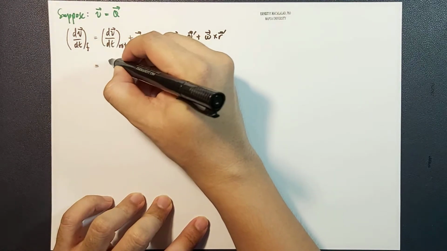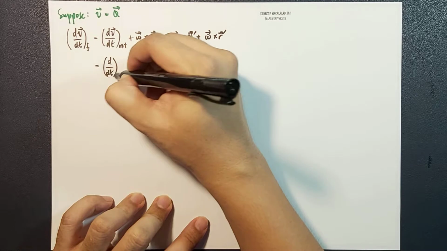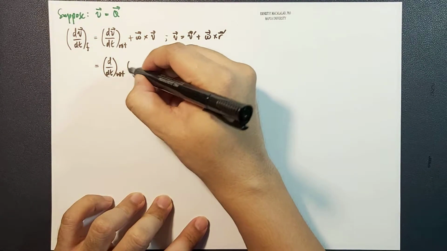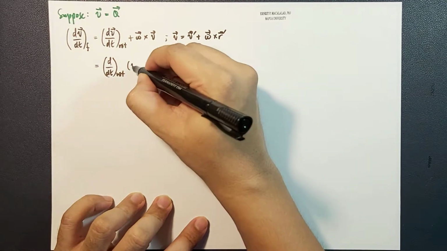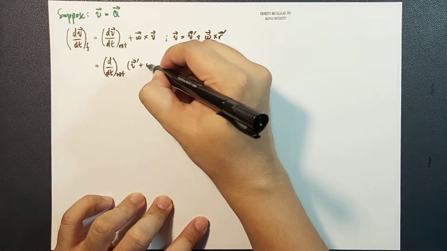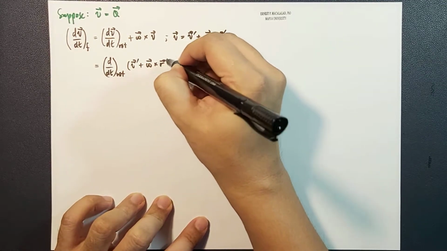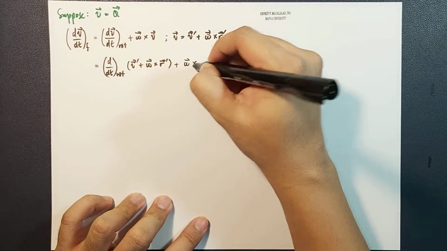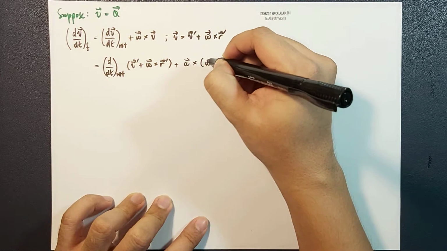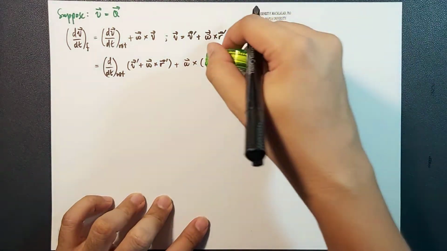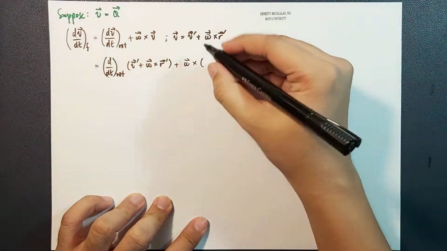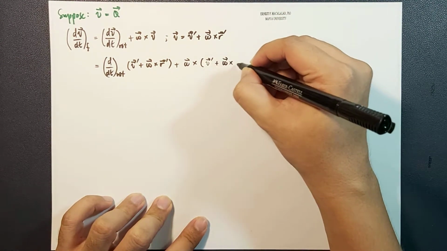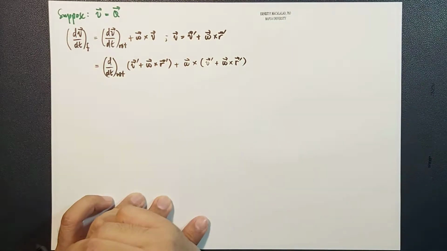then we have this expression: the derivative with respect to time in the rotating frame, and this is applied to v prime plus omega cross r prime, plus omega cross v prime plus omega cross r prime.